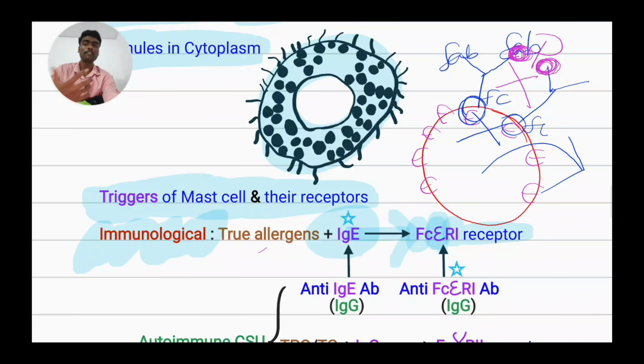This is a classical example of type 1 hypersensitivity reaction, which is mediated by IgE antibody. This is the story of how a true allergen binds and activates a mast cell.